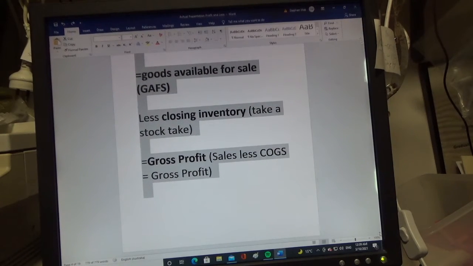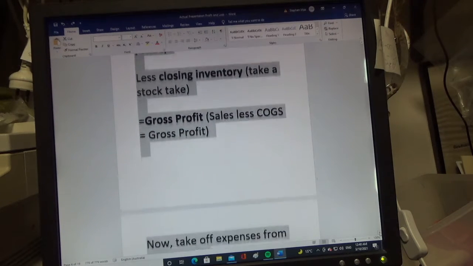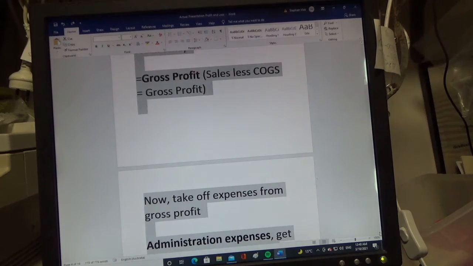Add up all those expenses in the profit and loss account below the gross profit line to get total profit and loss account expenses, and then you take gross profit minus those total expenses, which gives you net profit before tax. And then usually you've got a profit and you pay tax, and then you get the bottom line, which is net profit after tax.